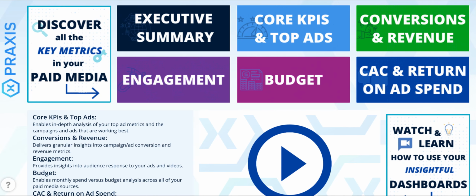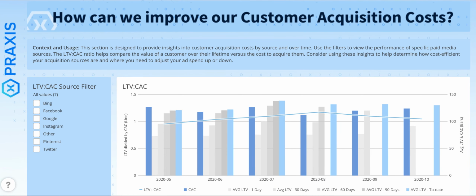And finally, we get into customer acquisition costs, return on ad spend, and lifetime value. We all know that the ideal lifetime value to CAC ratio is 3 to 1, but one of the questions is, what is our timeline to recovering our customer acquisition cost? We already have that all built out for you.